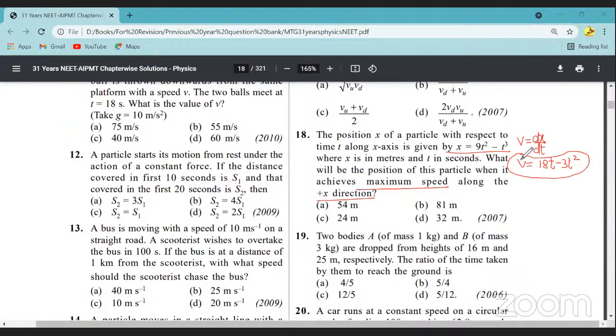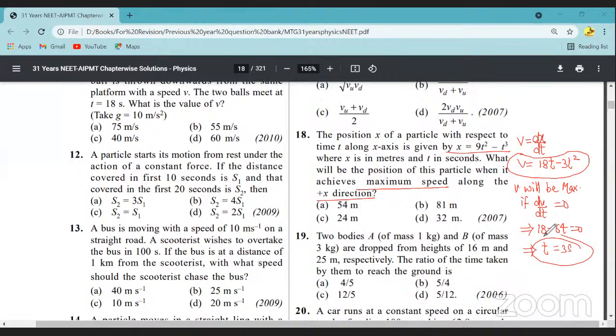When its differentiation is 0. So v will be maximum if dv by dt is 0. So dv by dt is 18 minus 6t equal to 0, that is t equal to 3. So I understood that the speed will be maximum when time is 3.